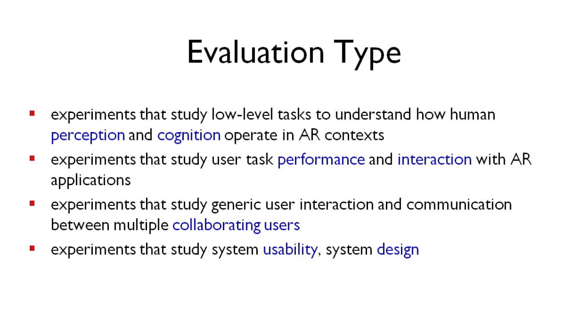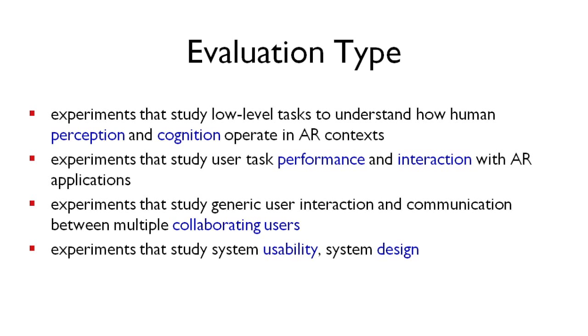So we then tried to categorize the evaluation types and approaches used in those studies. One category would be experiments that study low-level tasks, like perception and cognition. Another type would be experiments that look into performance and interaction with augmented reality interfaces.